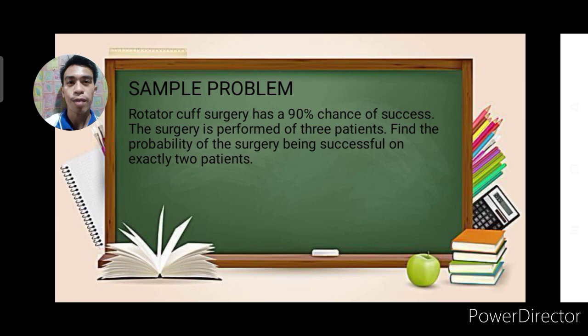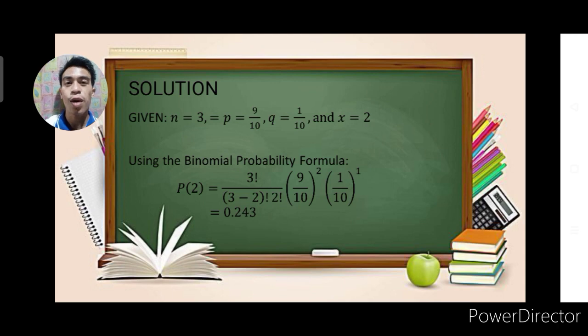Our sample problem. Rotator cuff surgery has a 90% chance of success. The surgery is performed on 3 patients. Find the probability of the surgery being successful on exactly 2 patients. So our solution: we are given that n equals 3, p is equal to 9 over 10, q is equal to 1 over 10, and x is equal to 2.